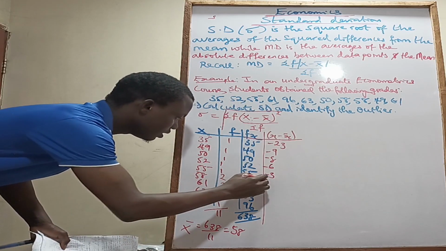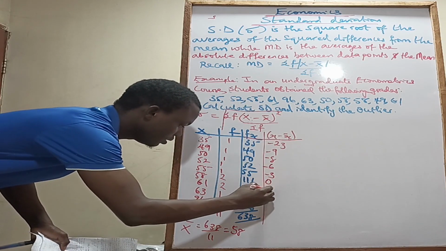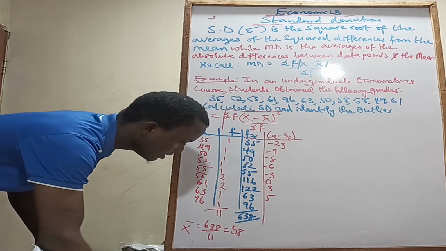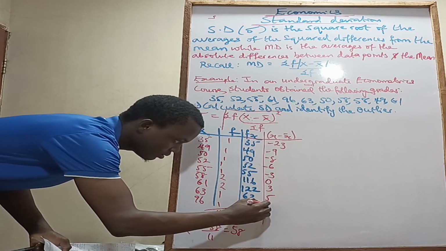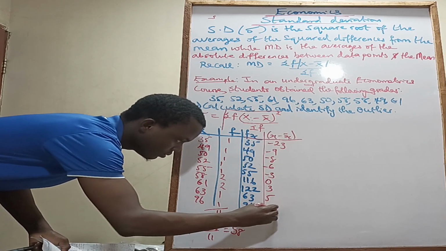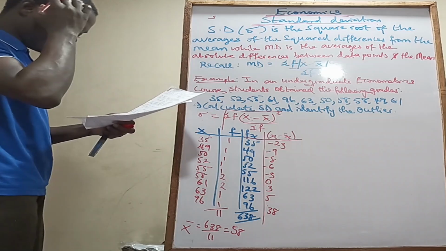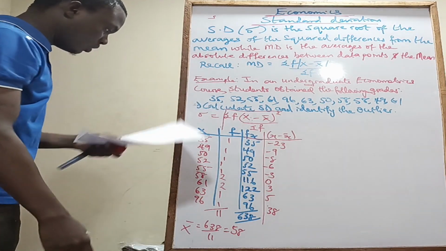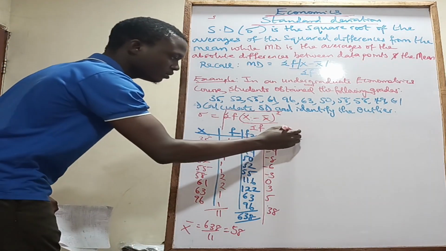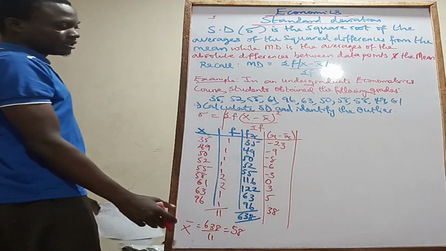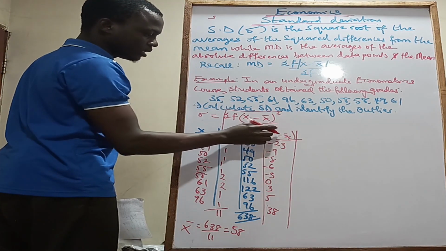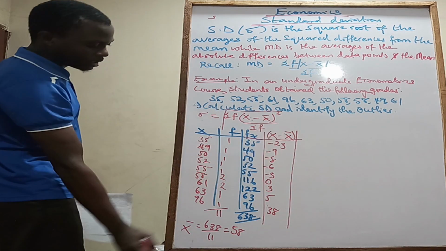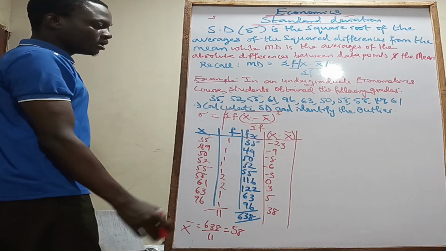Then 58 minus 58 is 0. 61 minus 58 is 3. 63 minus 58 is 5. 96 minus 58 is 38. Okay, let's verify: 23, 9, 8, 6, 3, 0, 3, 5, and 38. This should be capital X, the observation X minus bar X, the observation minus the mean.